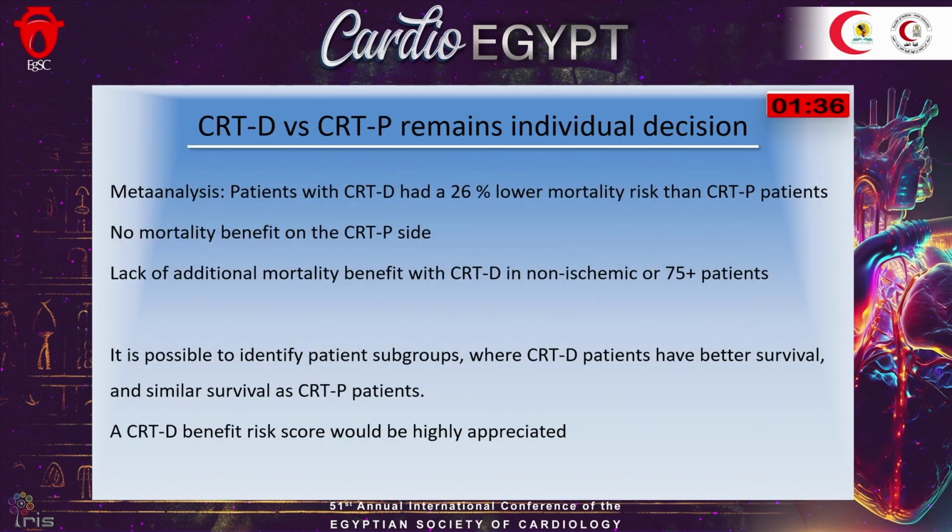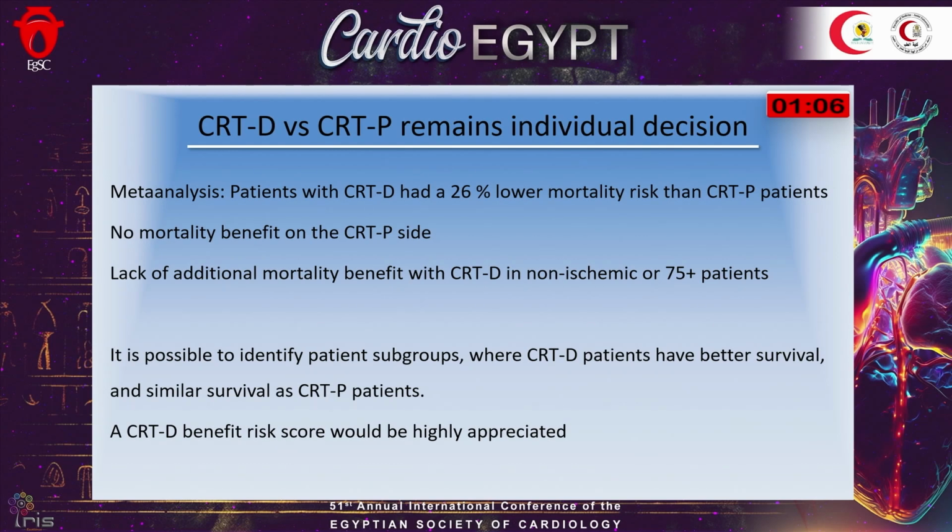So to conclude, the 2 main messages, or the 3: CRTD versus CRTP remains an individual decision, looking at the patient. In the meta-analysis, patients with CRTD had a 26% lower mortality risk than CRT pacemaker patients. There is never a mortality benefit on the CRT pacemaker side, but there is a lack of additional mortality benefit with CRTD in non-ischemic patients and elderly patients.